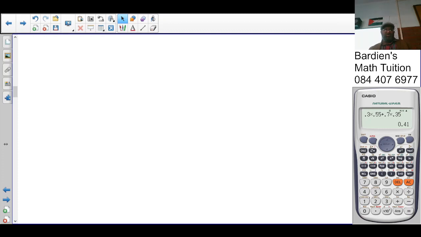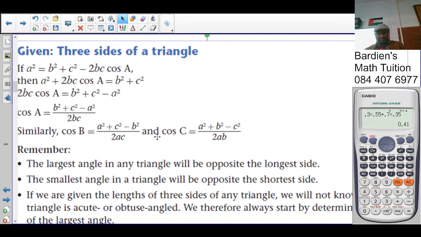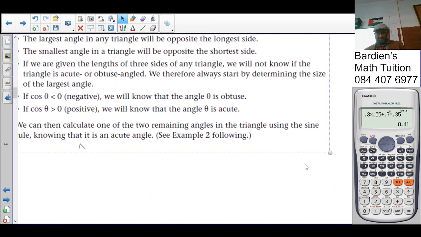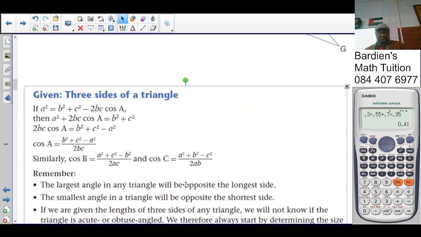So we looked at example 1 and example 2 dealing with the cos rule. So today we're looking at given three sides of a triangle.